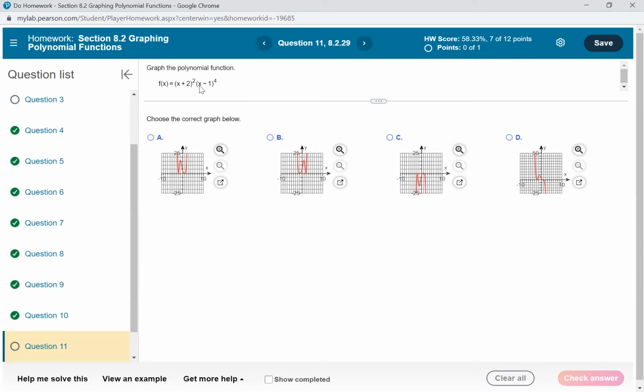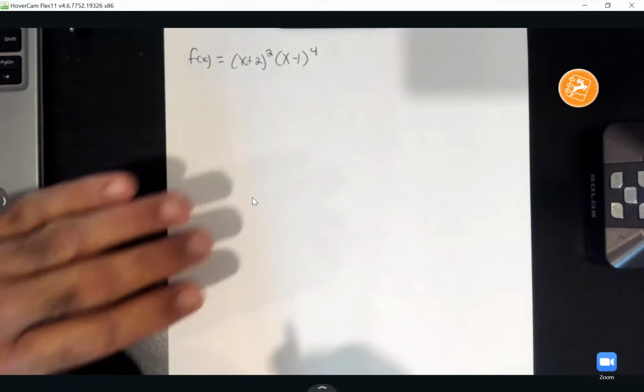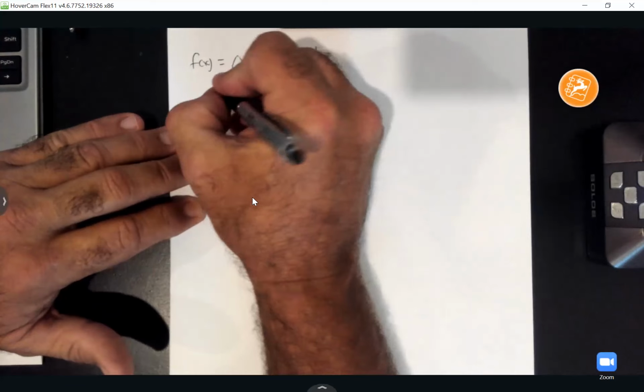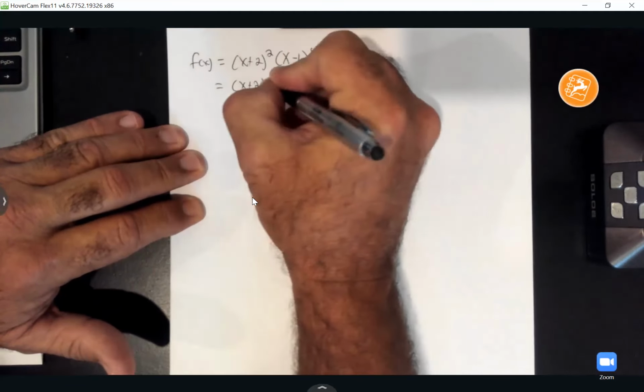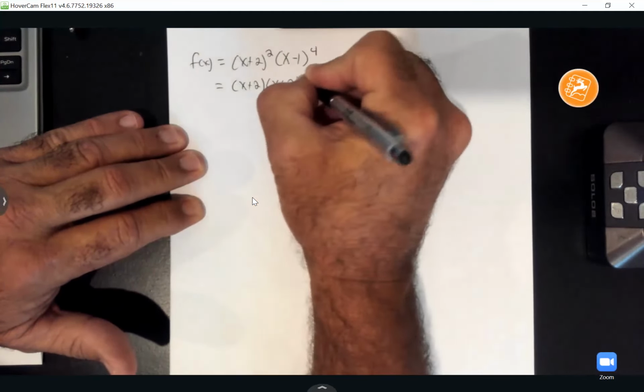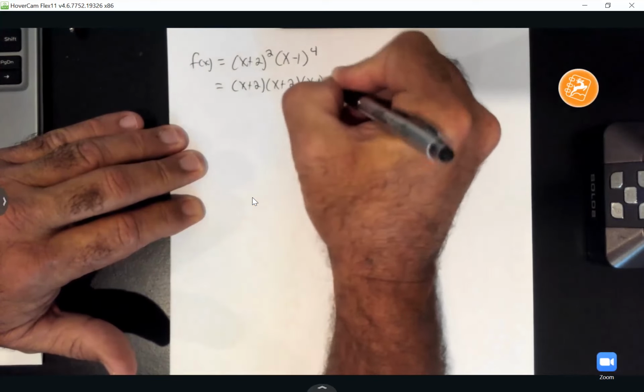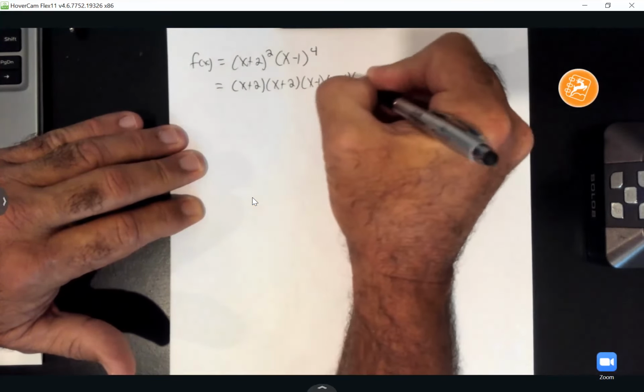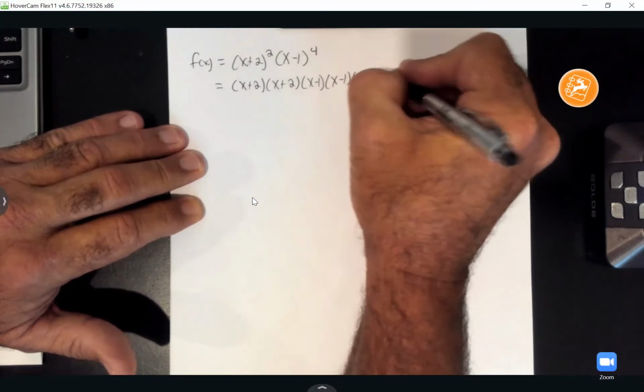So this one I got f of x equals x plus 2 squared times x minus 1 to the 4th. Now remember, on these, you could graph them and set your windows like they got them, okay? So remember, this is like x plus 2 times x plus 2 times the x minus 1, 4 times.